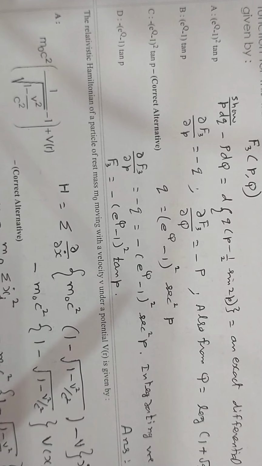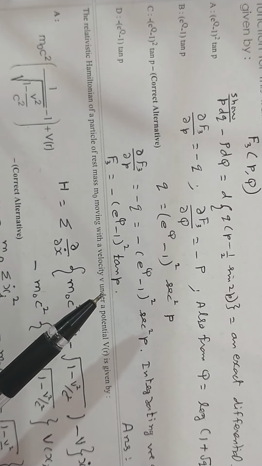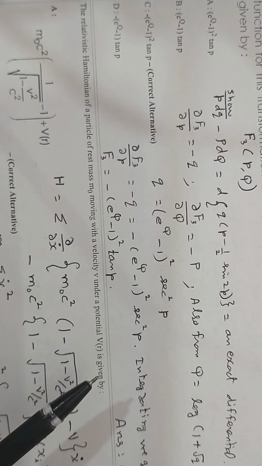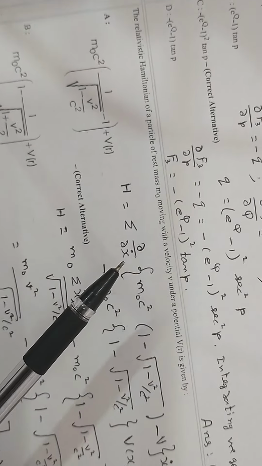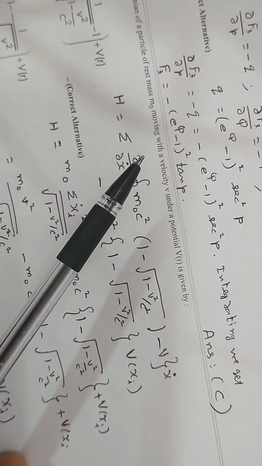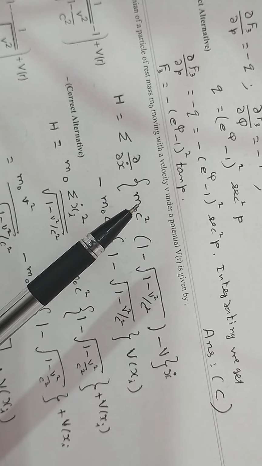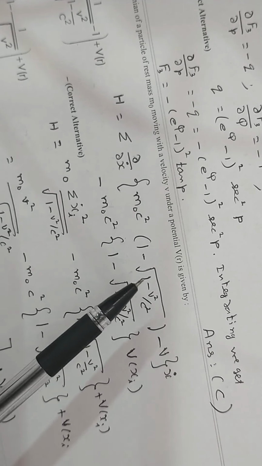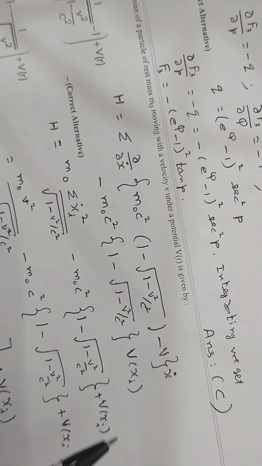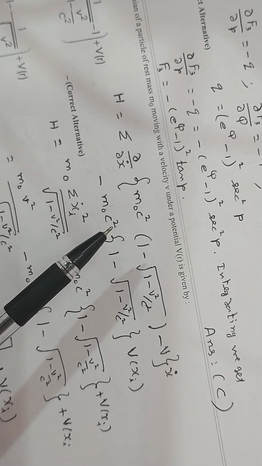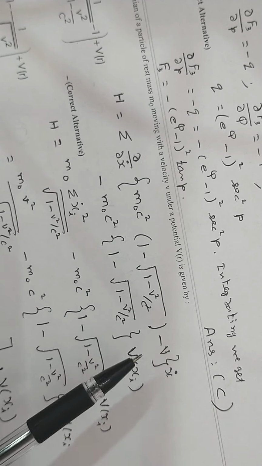Then a relativistic Hamiltonian of a particle of rest mass m0 moving at velocity v under the potential V of r is given by, and here four options are given. The Hamiltonian H is equal to the summation over dL by dx_i dot of m0 c square into 1 minus the square root of 1 minus v square by c square, minus V, into x_i dot, minus m0 c square into 1 minus square root of 1 minus v square by c square into V of x_i.